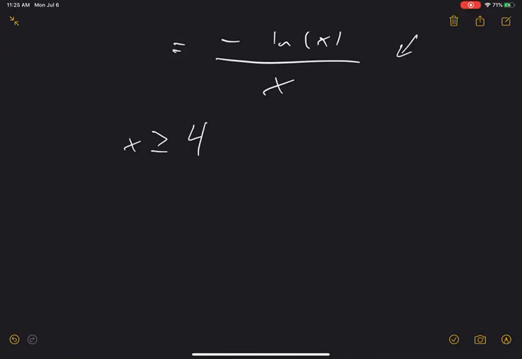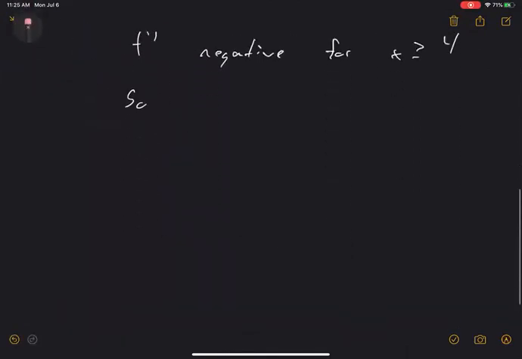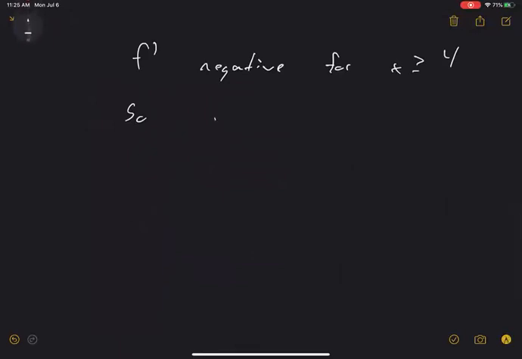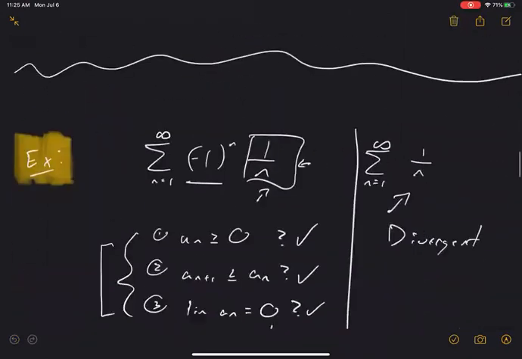That means our function's decreasing. f prime is negative for x greater than or equal to 4. So our sequence is decreasing for n greater than or equal to 4. So that's how we would show a sequence is decreasing.